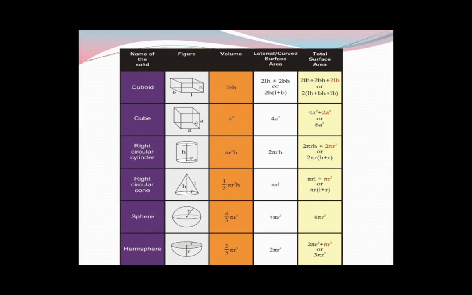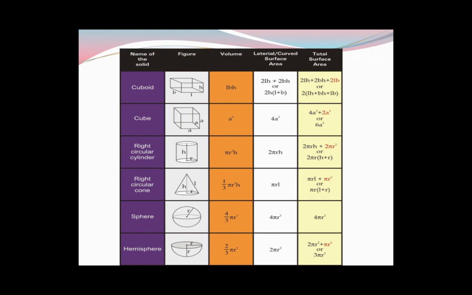Then cube. For cube, volume is A cube. Then curved surface area will be 4A square and total surface area will be 6A square. Then next is right circular cylinder.